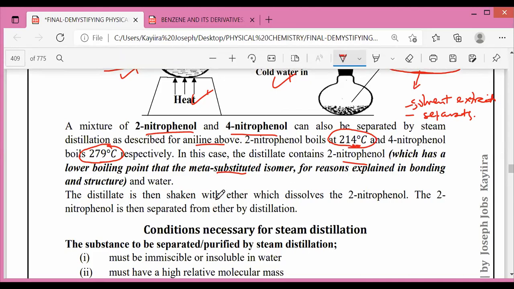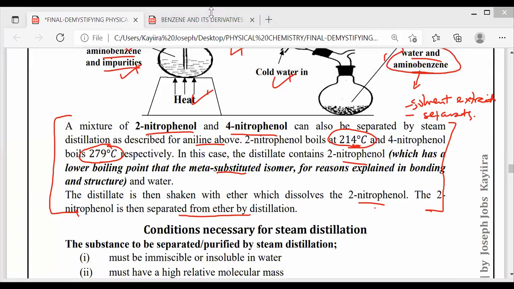So the distillate is shaken with ether, which dissolves the 2-nitrophenol, and then the 2-nitrophenol is separated from ether by distillation. So by understanding this, I want someone to explain how we can purify a mixture of 2-nitrophenol and 4-nitrophenol by steam distillation. No diagram required. Who is able to explain that or to describe that?